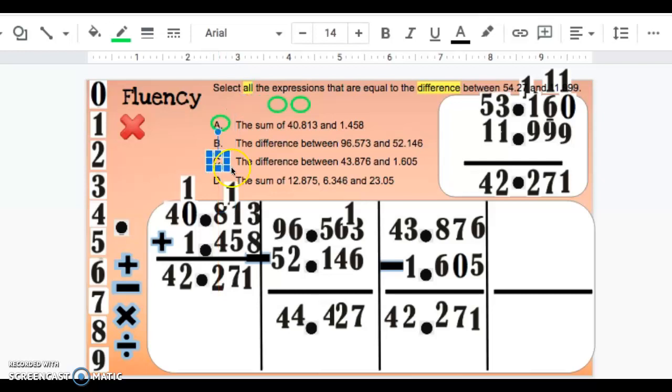Last one is D. Find the sum of 12 and 875 thousandths, 6 and 346 thousandths, and 23 and 5 hundredths. So sum means what we need to add. So we are going to add these numbers up.